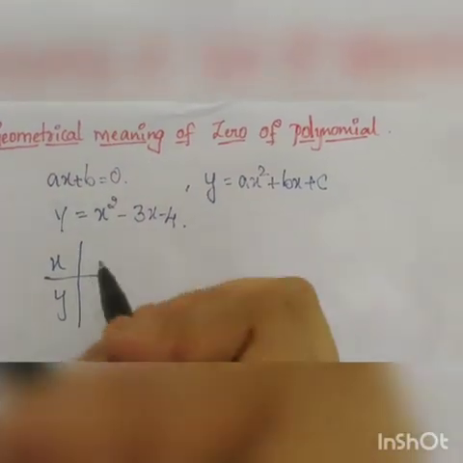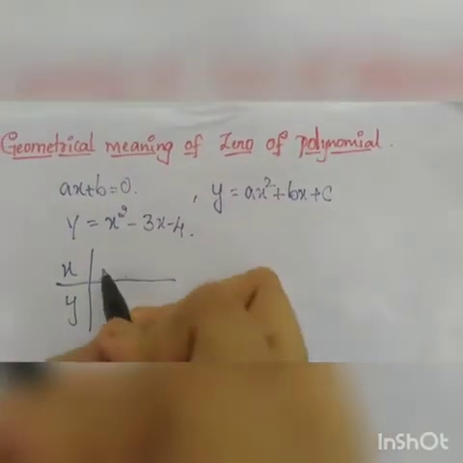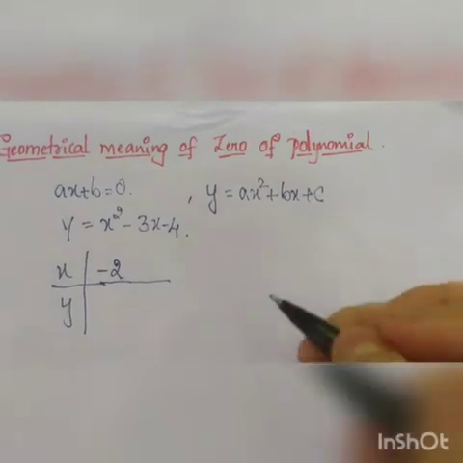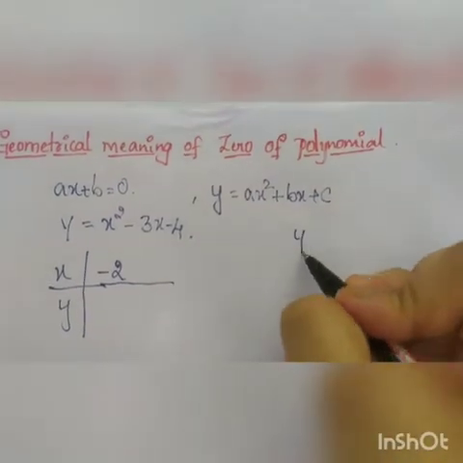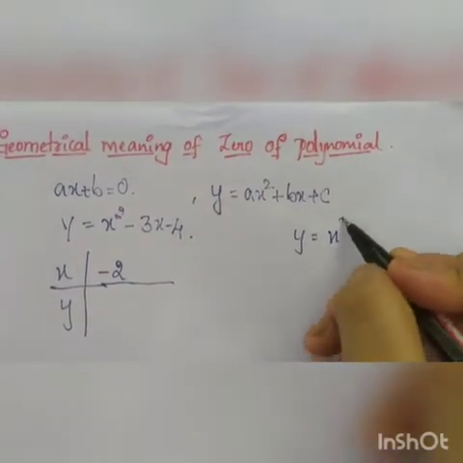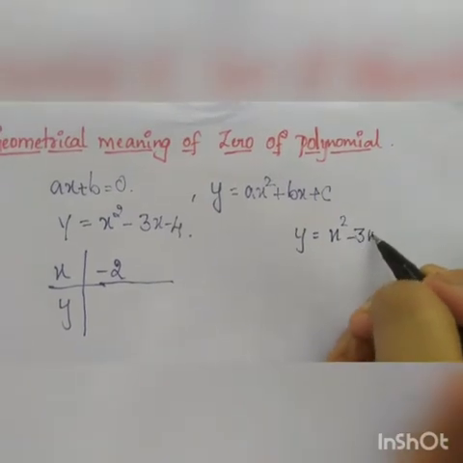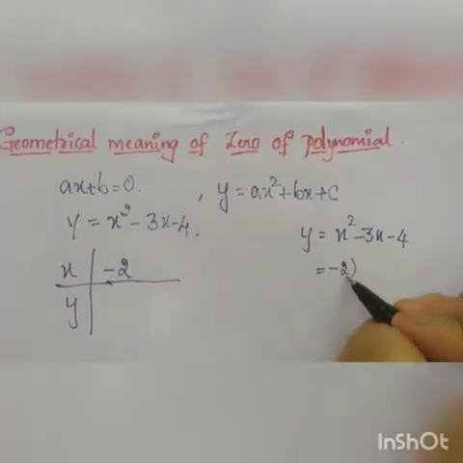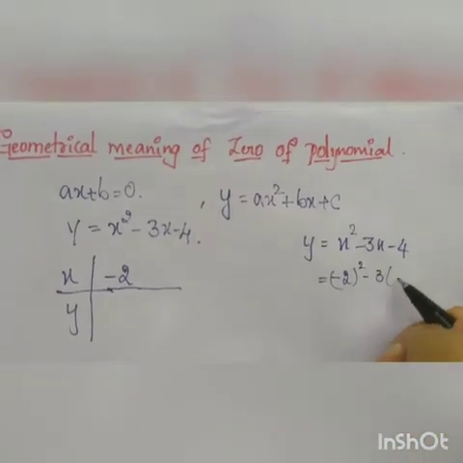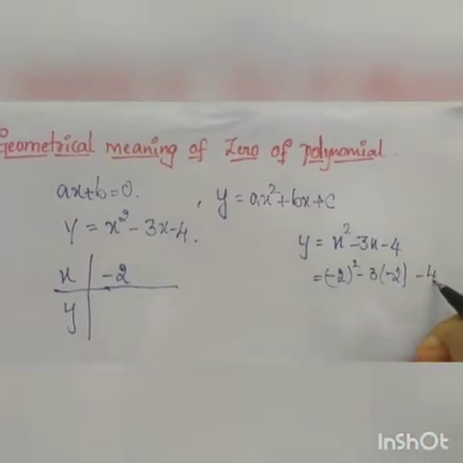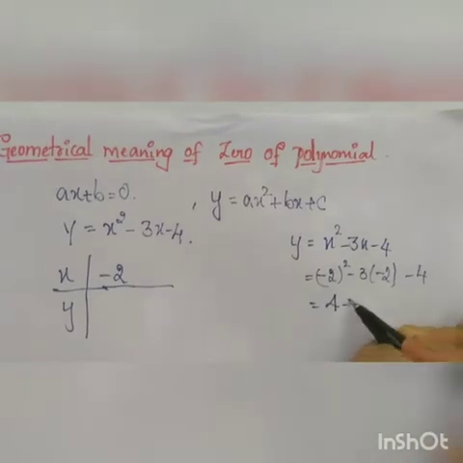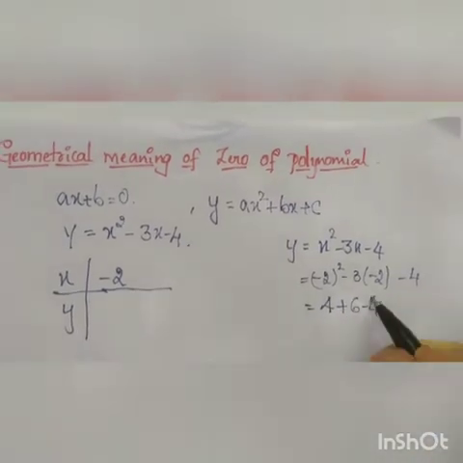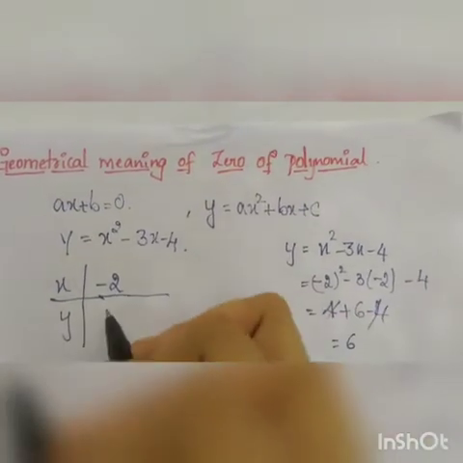I'll substitute x equal to minus 2. Then y is equal to x square minus 3x minus 4, so that is minus 2 whole square minus 3 into minus 2 minus 4. That is 4 plus 6 minus 4, these two cancel, and you will get 6.